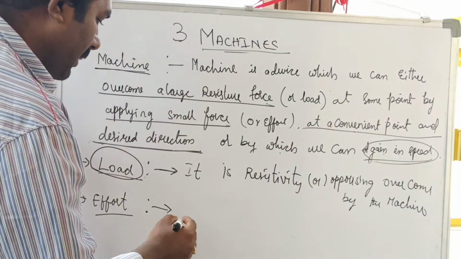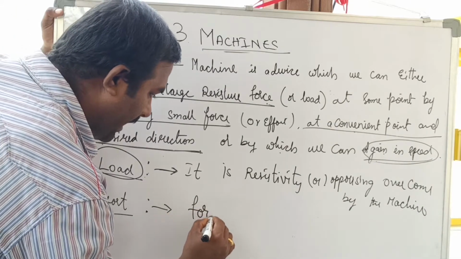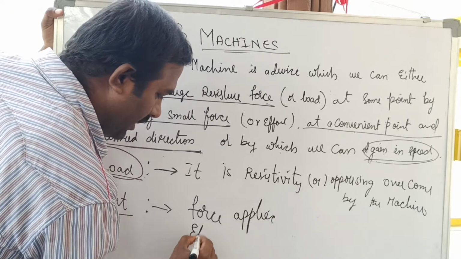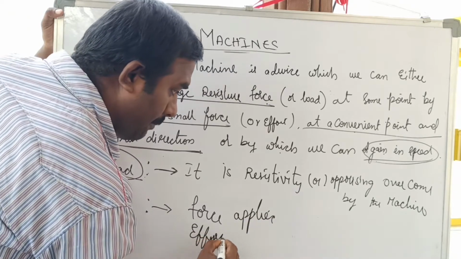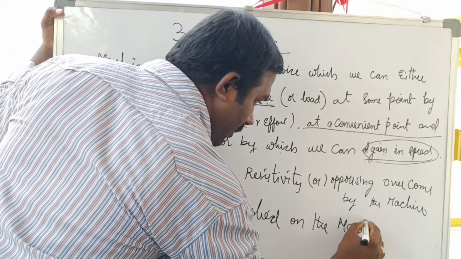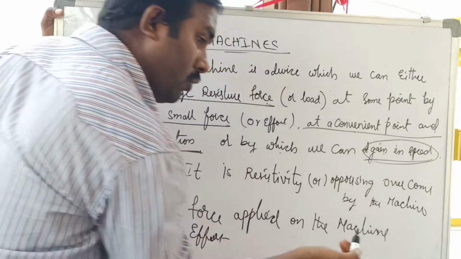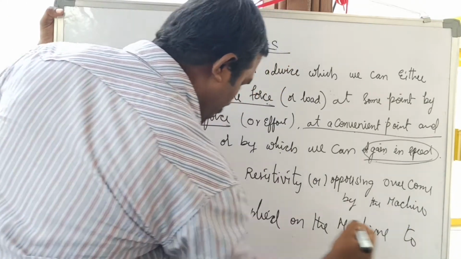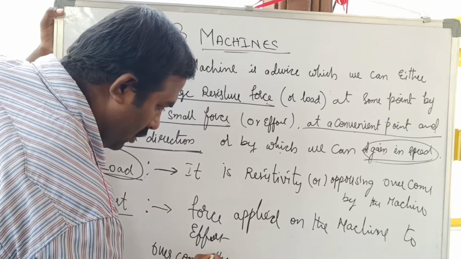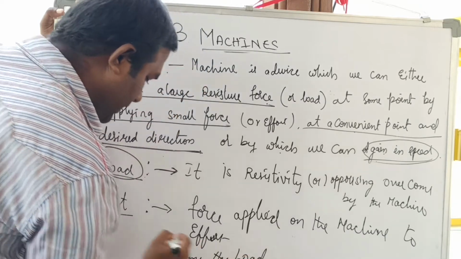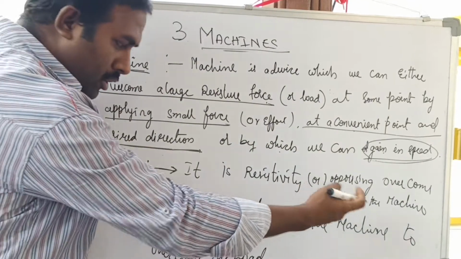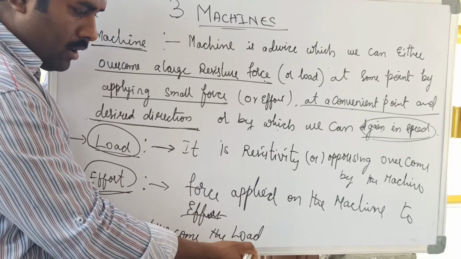So effort is nothing but a force applied, or effort applied, on the machine to overcome the load. That is called effort. So effort is nothing but a force applied on the machine to overcome the load.